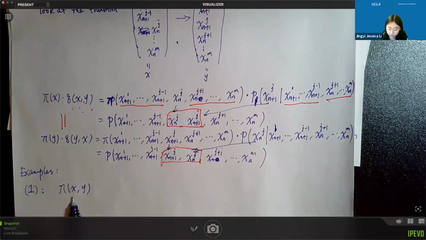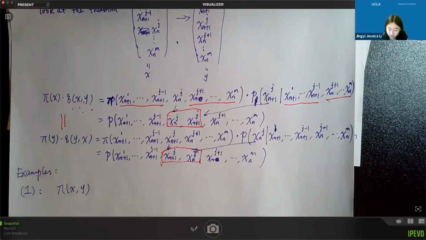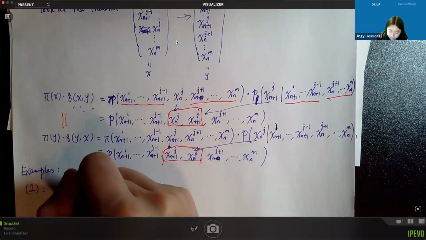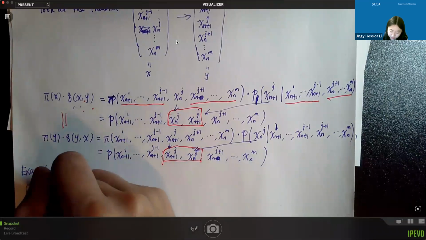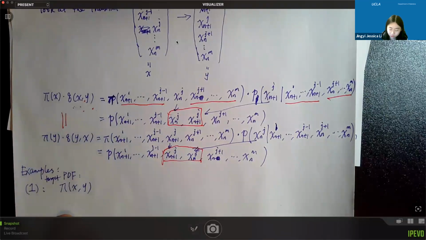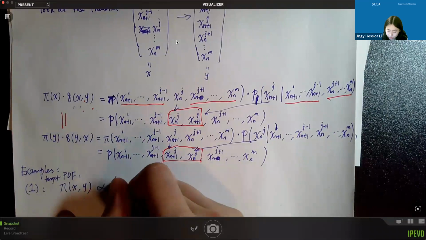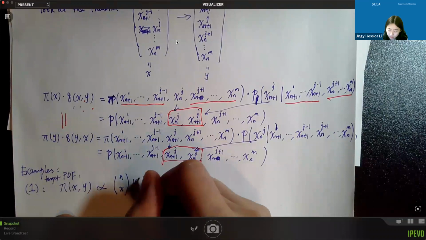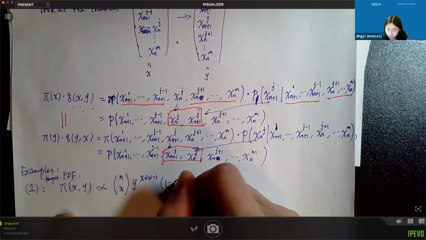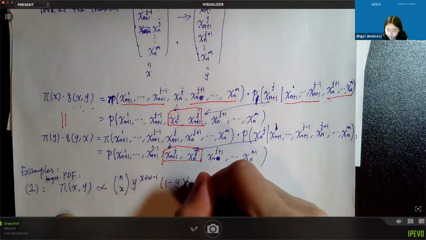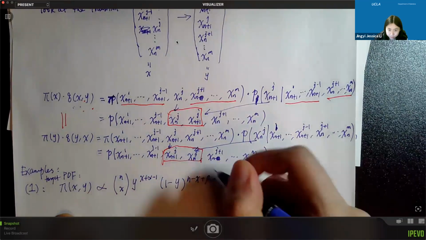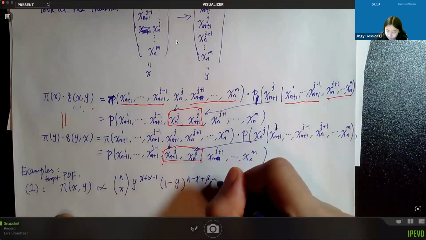Here I just refer to the 2 dimensions as x and y. This target PDF has the form that it is proportional to n choose x, times y to the power of x plus alpha minus 1, times 1 minus y to the power of n minus x plus beta, I think it's minus 1. Yeah.